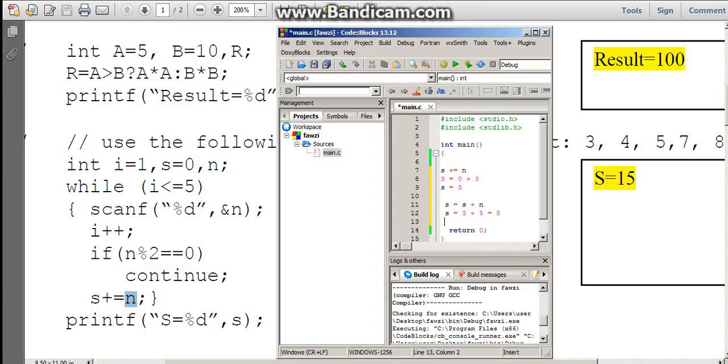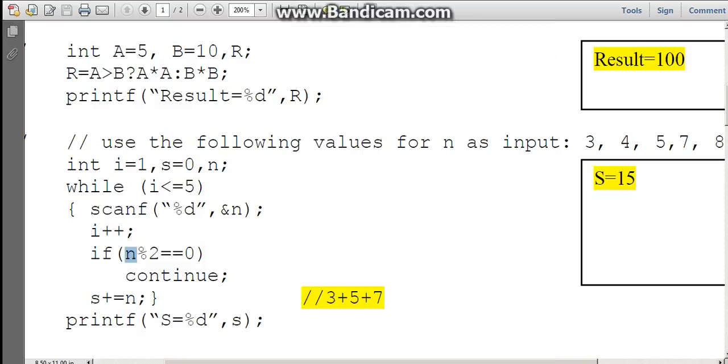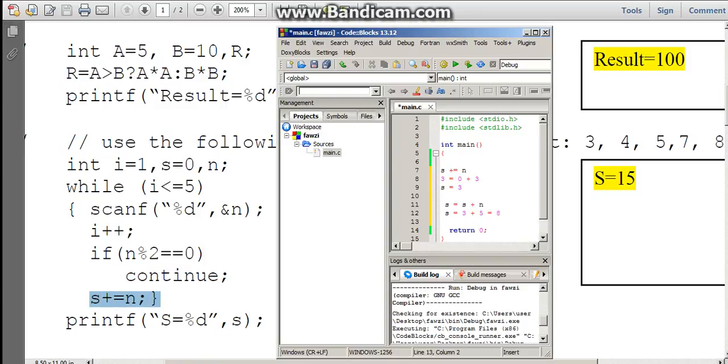Now also we substitute 7 divided by 2. 7 divided by 2 is gonna be equal 1, so we don't look for the continue because we don't need to escape any. So it's gonna be 8 plus 7, 8 plus 7 is gonna be equal to 15.